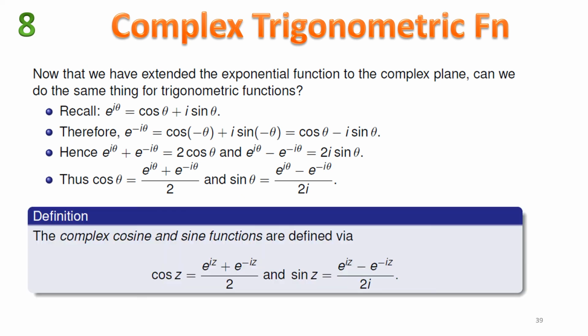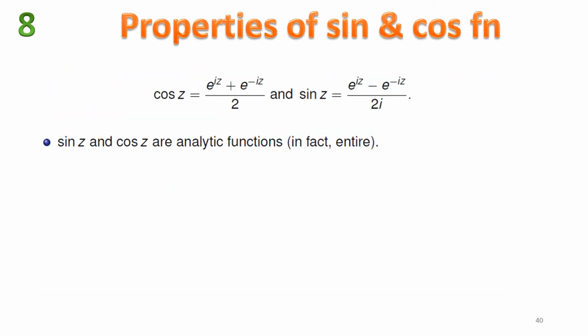So we are in a position to define cos of the complex variable z as e to the iz plus e to the minus iz upon 2, and sine of z as e to the iz minus e to the minus iz upon 2i. Now we have these two definitions at our disposal, and we are going to understand more about the properties of the sine and cosine complex functions.